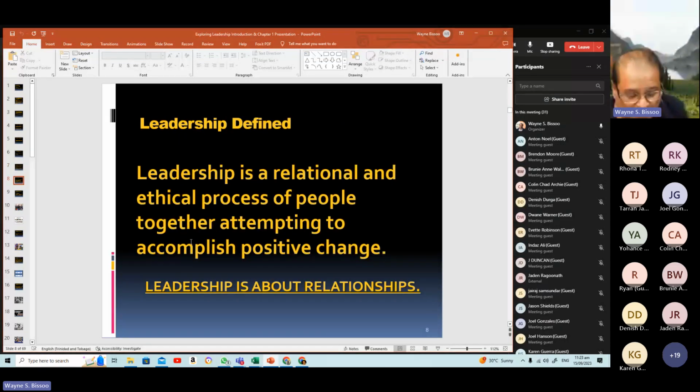All right, the model we're going to be looking at defines leadership as a relational and ethical process of people together attempting to accomplish positive change. This is a bit of a difference, because the definition focuses our attention on the fact that leadership is about a relationship. It is about the relationship that you have with other people.